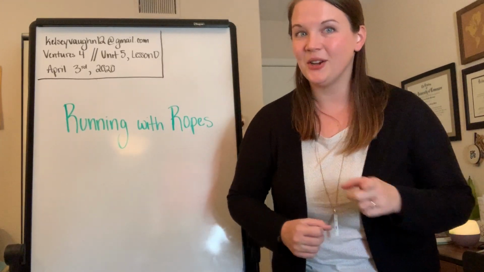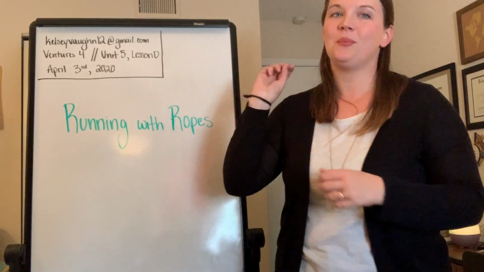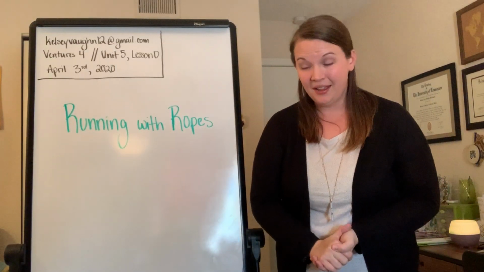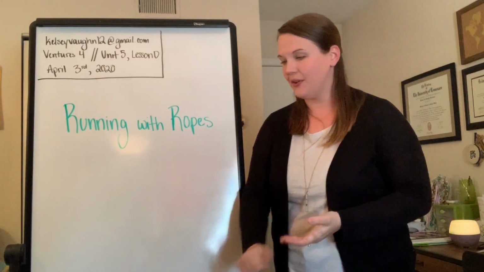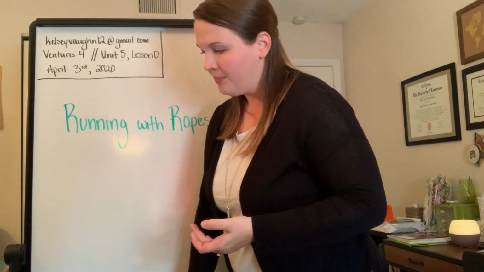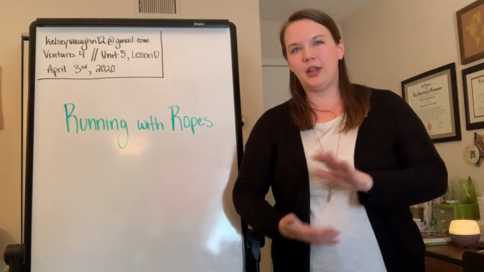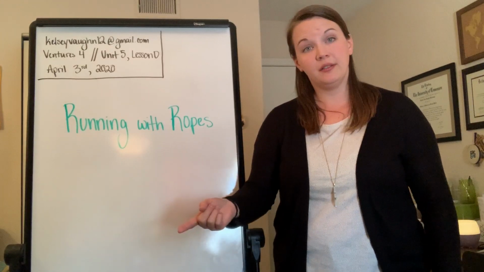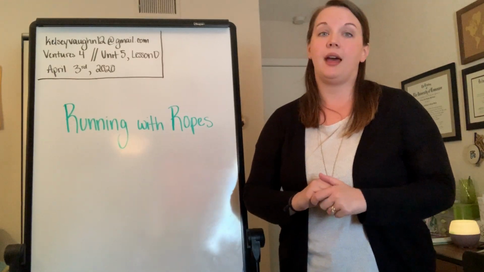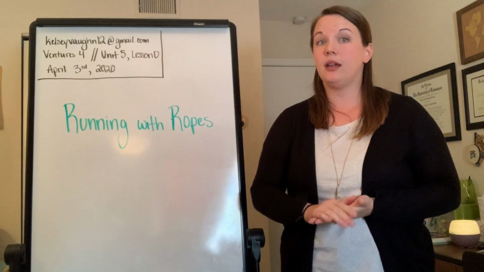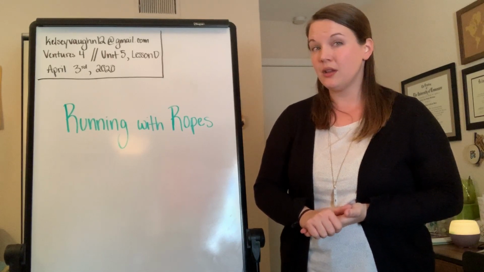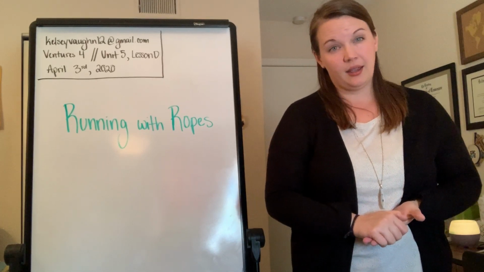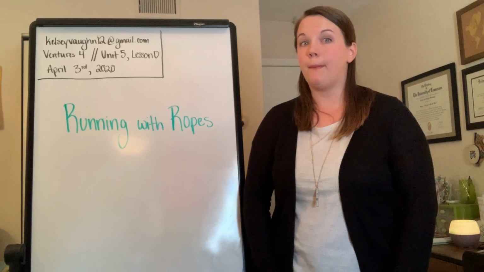Yep, I think I heard you say running with ropes. That is the title of the newspaper article, okay? So take a moment looking at the picture and looking at the title, Running with Ropes. What do you think this article will be about?